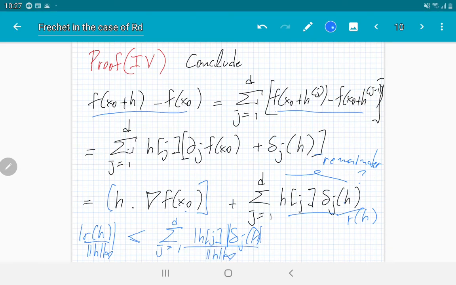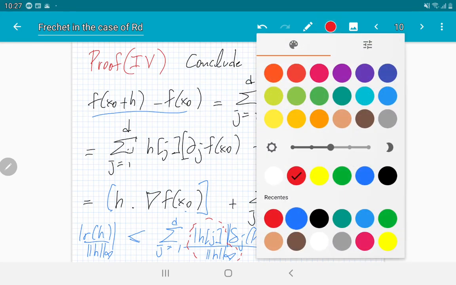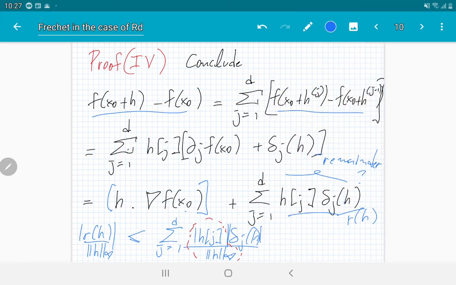And notice that the ratio of the jth coordinate of h by the infinity norm is always less than or equal to 1. Therefore, because the infinity norm is just the largest value of these coordinates, that's less than the sum from j equals 1 to d of the absolute value of delta j of h, and this converges to 0 just by the continuity of the partial derivative.